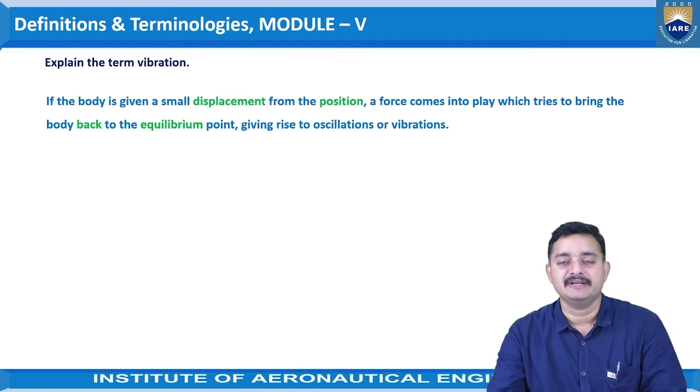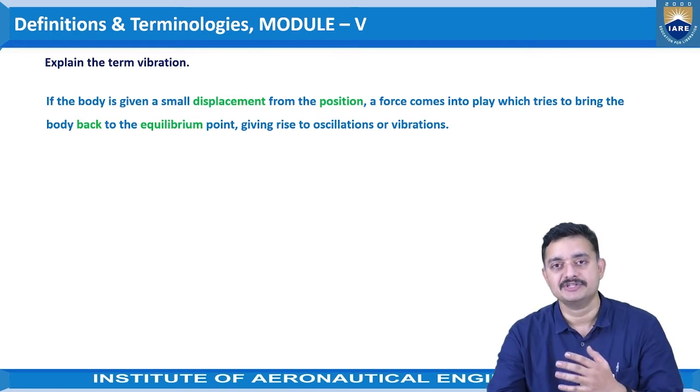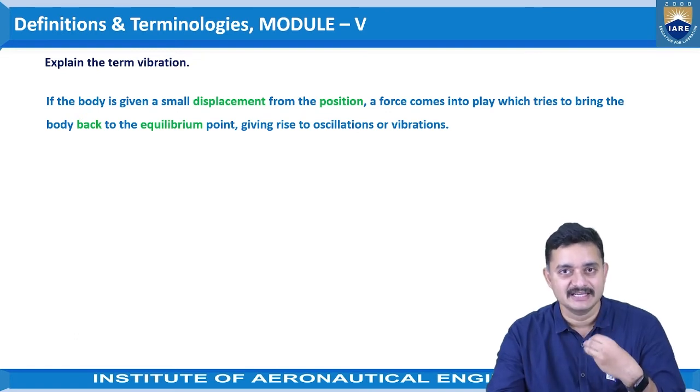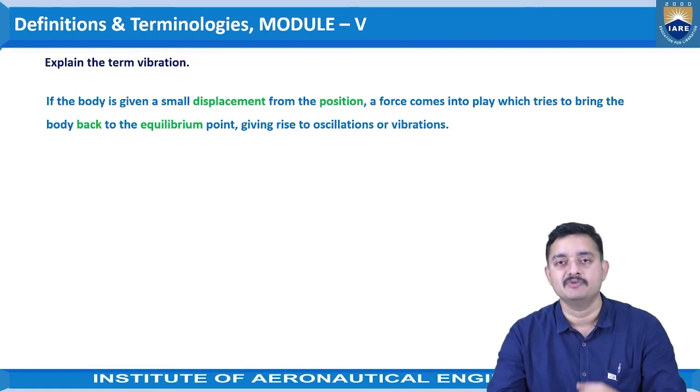Keep in mind that this to and fro motion will definitely be due to the elastic property of the material. Because of this elastic property, once the body is disturbed and moves to some distance, it will try to come back to its normal position.